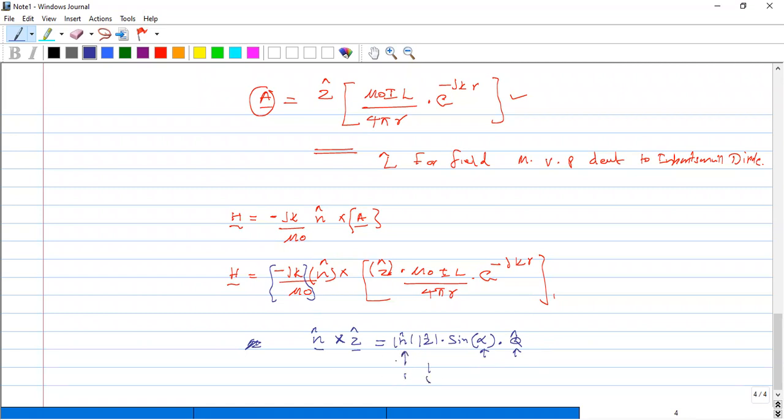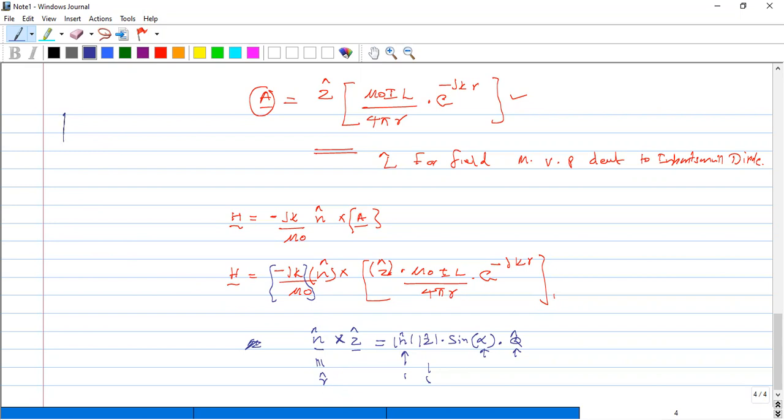So how to find this? Again you can consider the far field approximation. What is the far field approximation? n hat is completely equal to r hat. Now this r hat and z hat you already know.